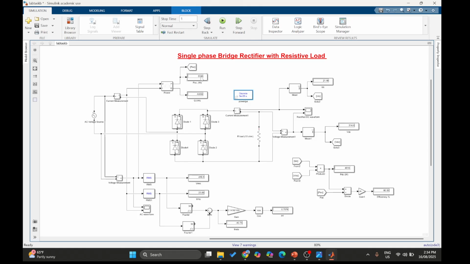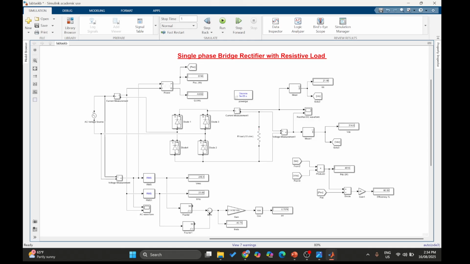I'm getting an AC power of 5745 watts at the source, and I'm getting a power factor of 0.75, which is approximately 0.8. Then I have reactive power, but that is not really important for now. We really do not need reactive power.